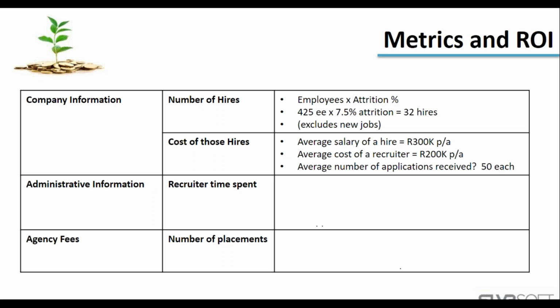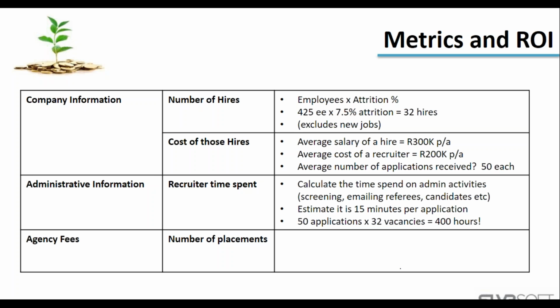Once we've got that, we can then look at the recruiter time spent. So it's important for us that we can calculate the time spent on the admin activities. So what it's like to open up the CV and to screen it, to send them an email asking for more information, to possibly send email to referees, the candidates, etc. You know, all that information, those activities that don't really relate to anything, but it's important.